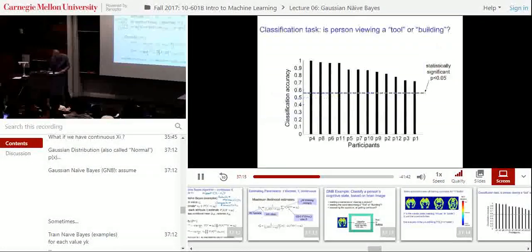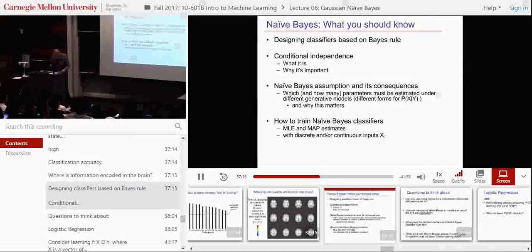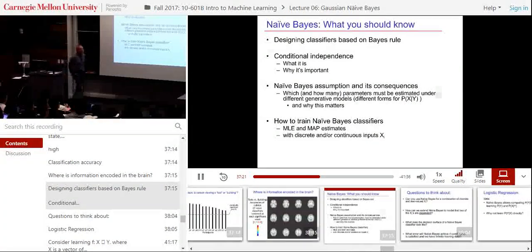Okay, so let's end there on Gaussian naive Bayes. I think here's what's important. You should know about conditional independence. That underlies the whole idea. That's the naive, and naive Bayes is the conditional independence assumption.